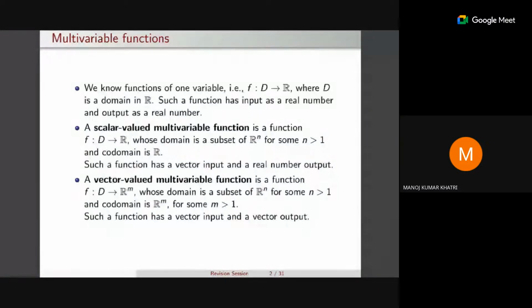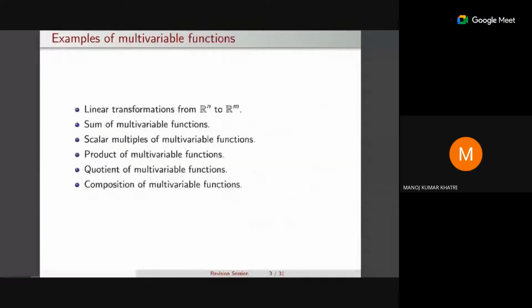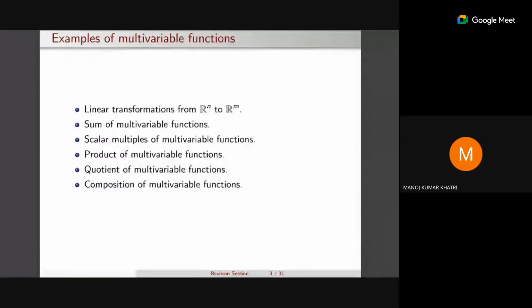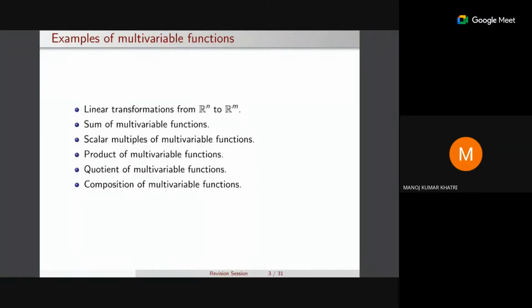So these are the things that we'll be working with. Examples of multivariable functions: linear transformations, as you know, are maps from some R^n to R^m. They could be from some vector space to another vector space, but in the specific case of domain and codomain being R^n and R^m, linear transformations are examples of multivariable functions.